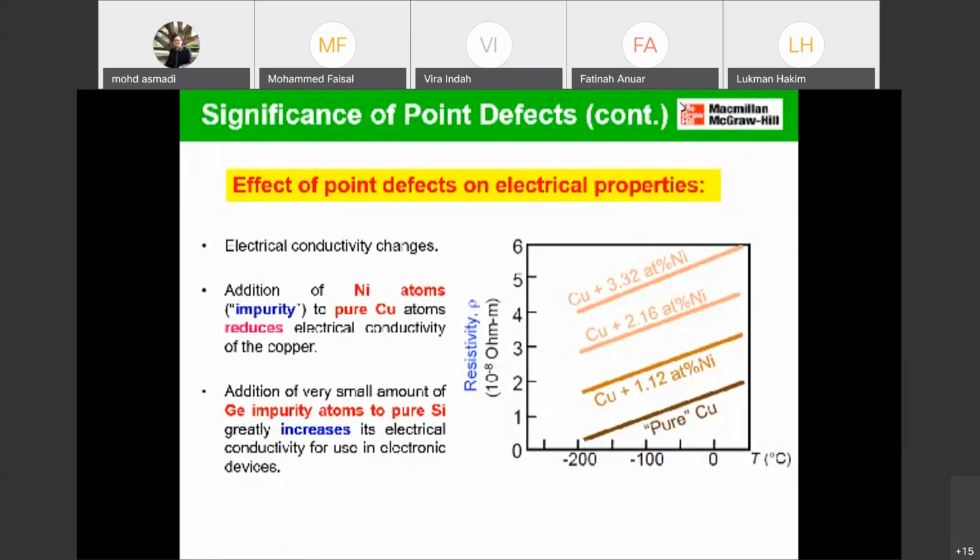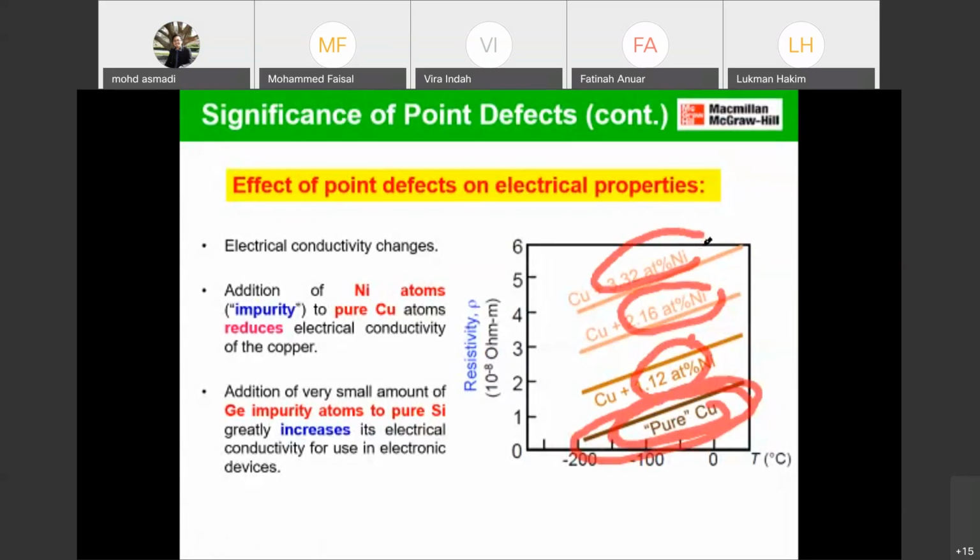Pure copper has low resistivity, so it conducts electricity much better than when you add nickel or impurities. So if you add nickel, the resistivity increases and the electrical conductivity is reduced.